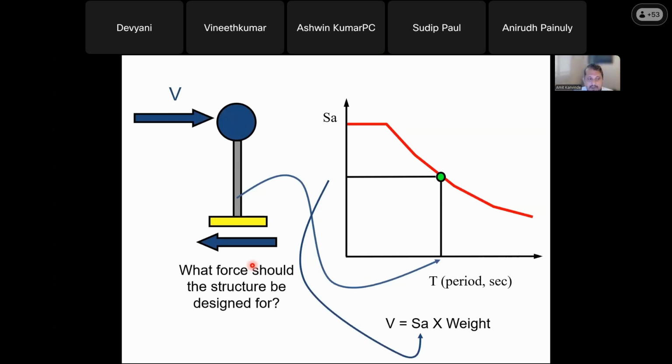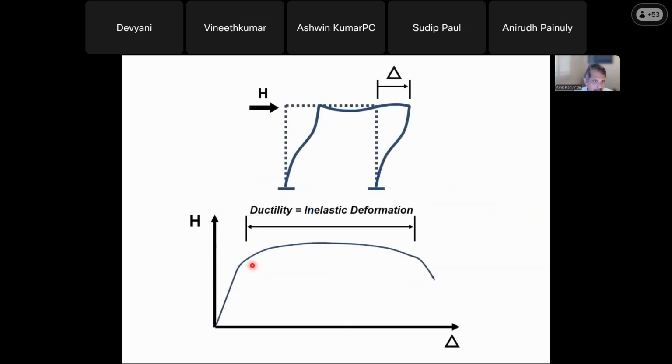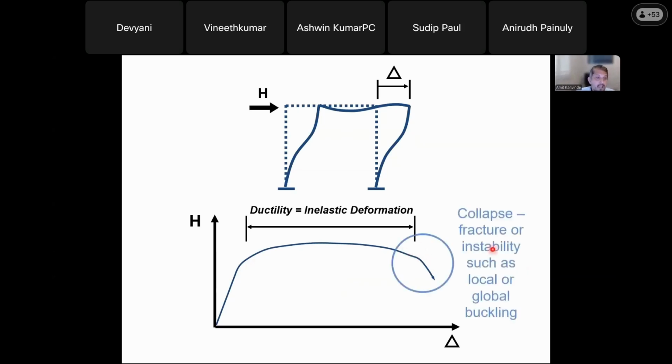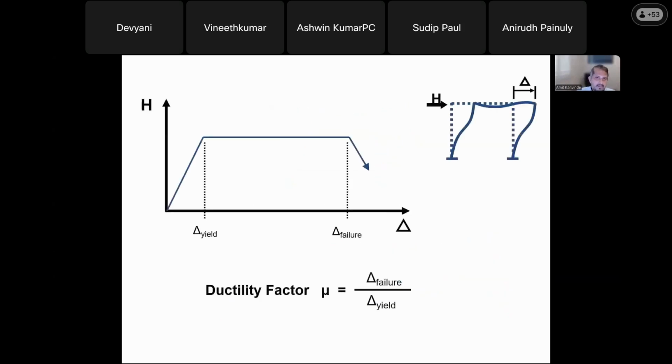However, in reality, you could have structures that have ductility. And like I said, some structures might have a lot of ductility, some structures might have a little bit of ductility. And the further you push this point out to the right, either by delaying fracture or local or global buckling or collapse, you increase the ductility or the ductility factor of the structure.